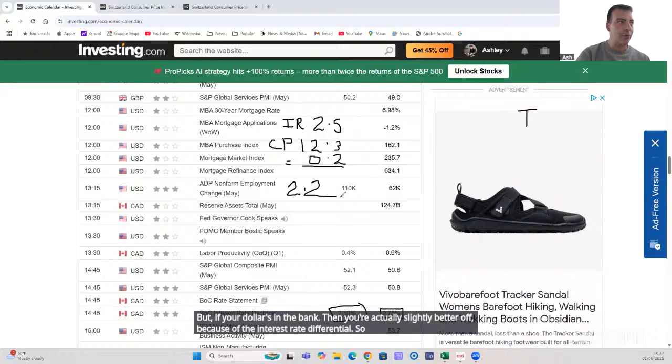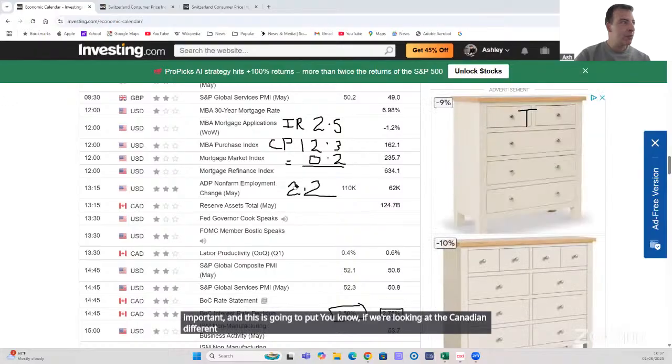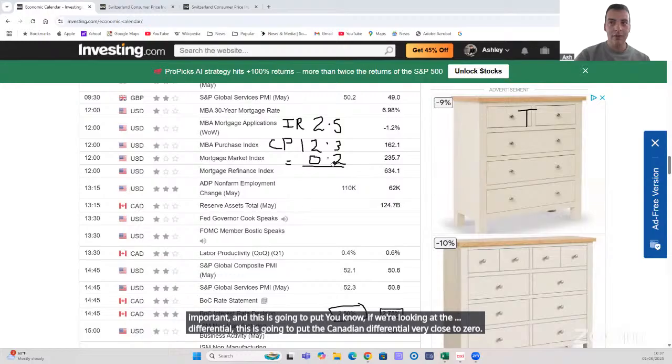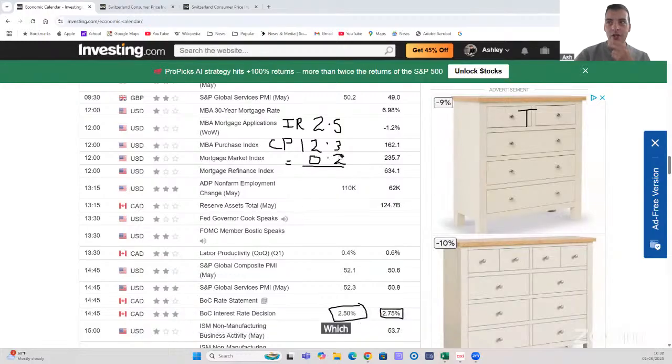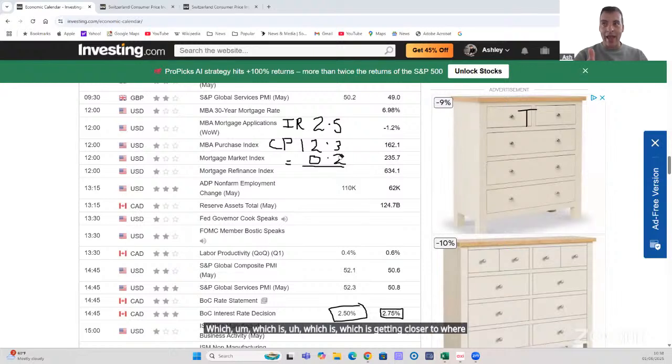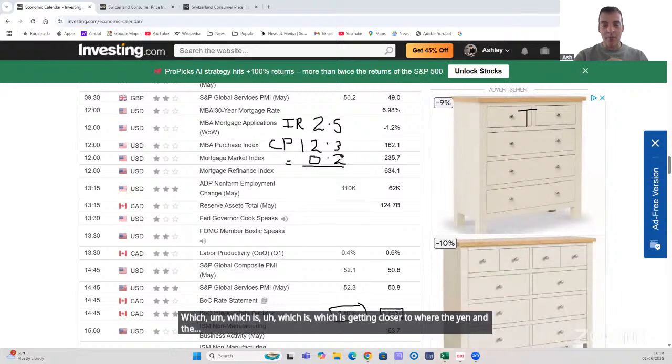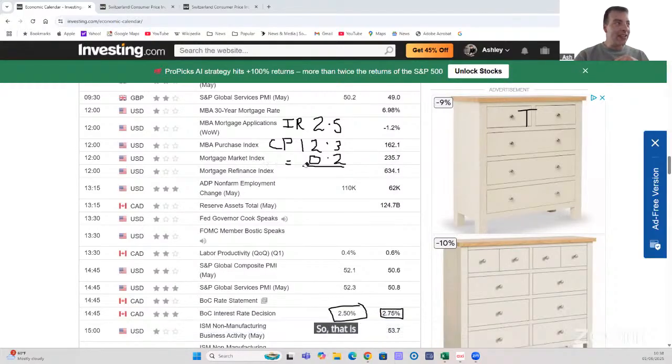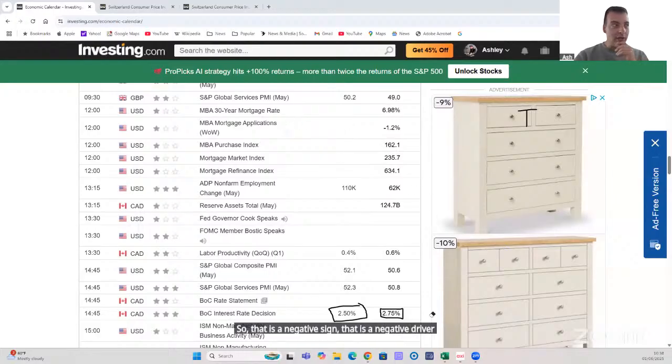So the differential is really important, and if we're looking at the Canadian differential, this is going to put it very close to zero, which is getting it closer to where the yen and the Swissy kind of exist. So that is a negative sign. That is a negative driver for the Canadian dollar.